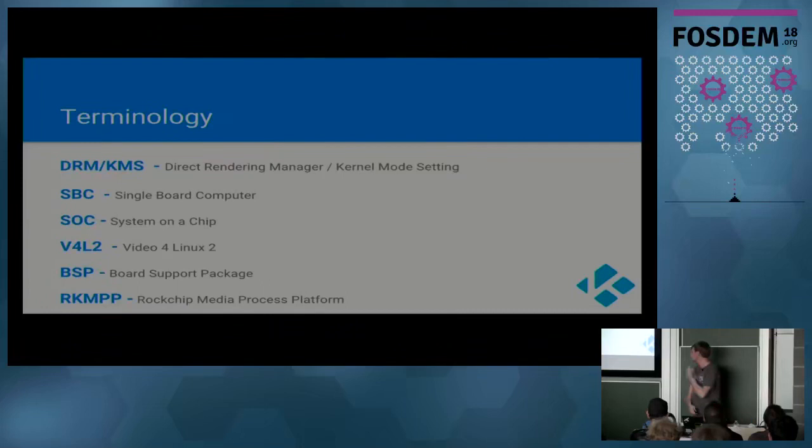System on a chip is a similar idea. V4L2 is the Video for Linux 2 subsystem in the Linux kernel. And then BSP being board support package. It's something that vendors supply with their single board computers. It's usually a static kernel release, and that's what you have to use. And then RKMPP is the Rockchip media process platform.